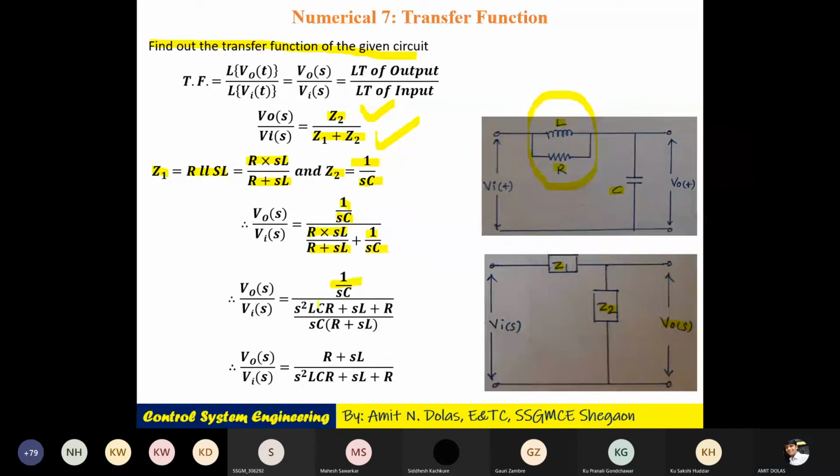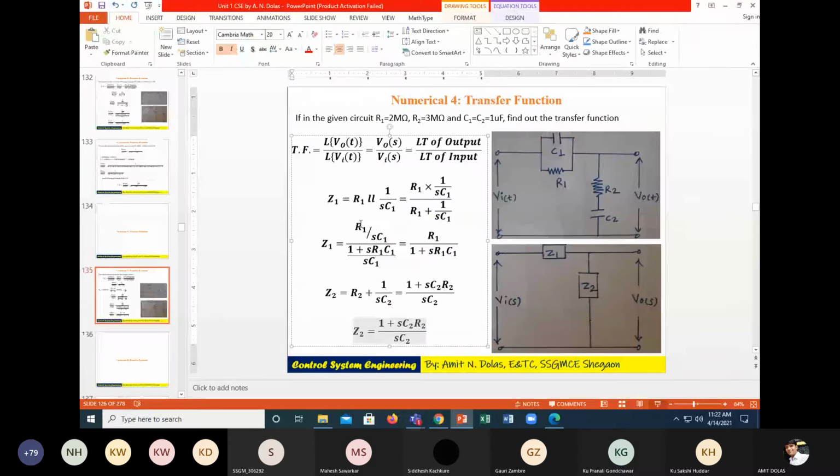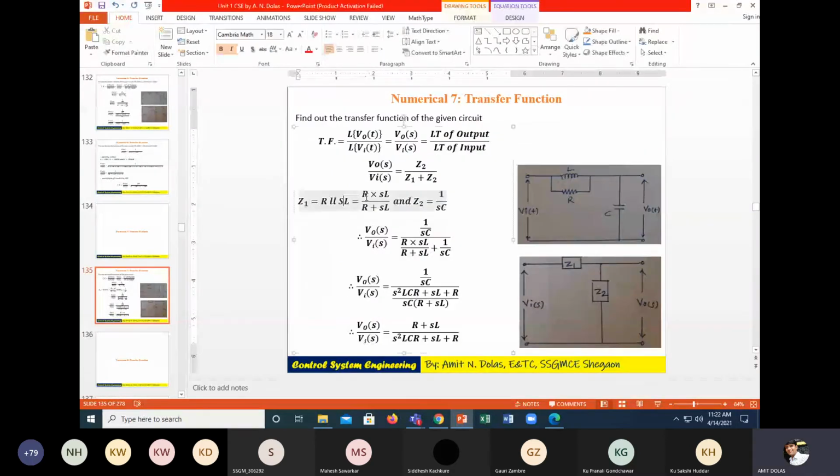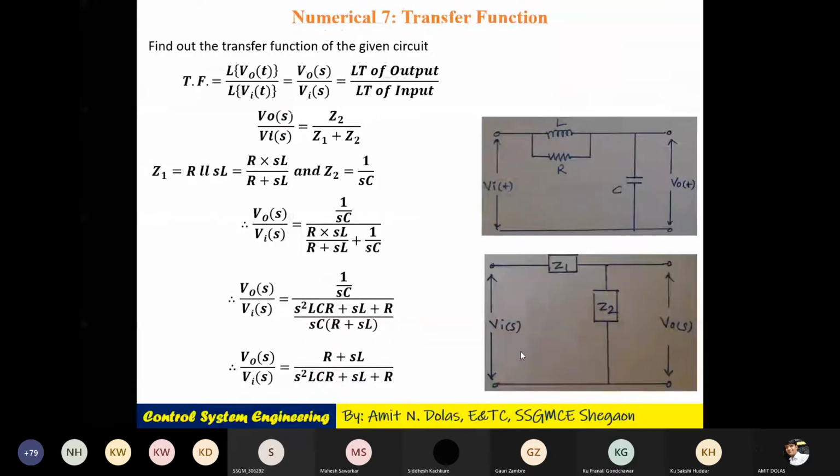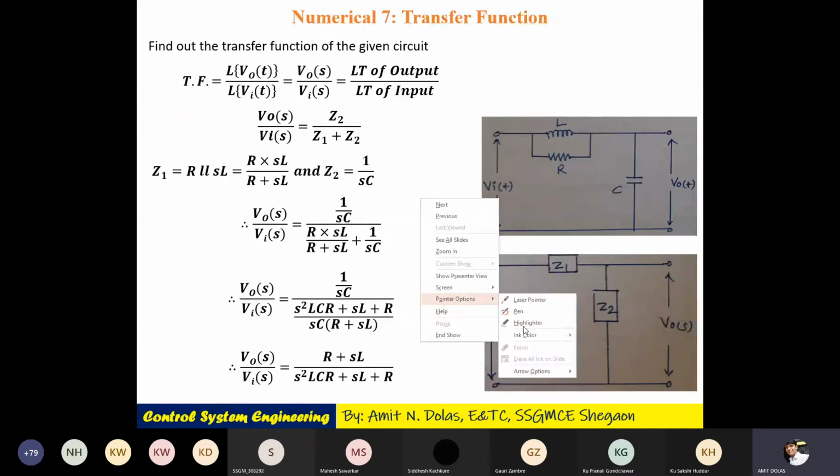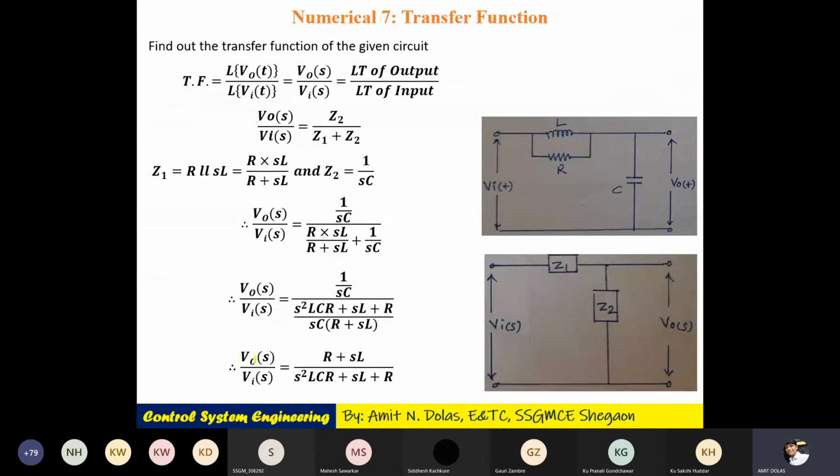So changing the terms here and there, we get the final transfer function: R plus SL divided by S square LCR plus SL plus R. So finally we get the transfer function like this.